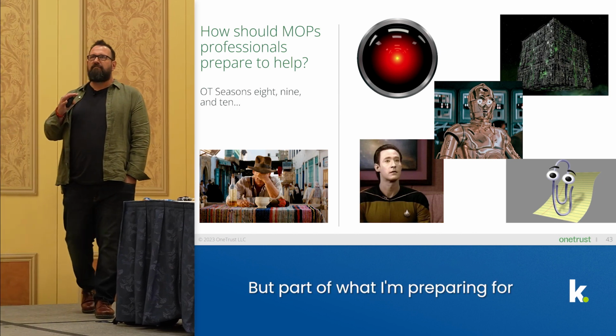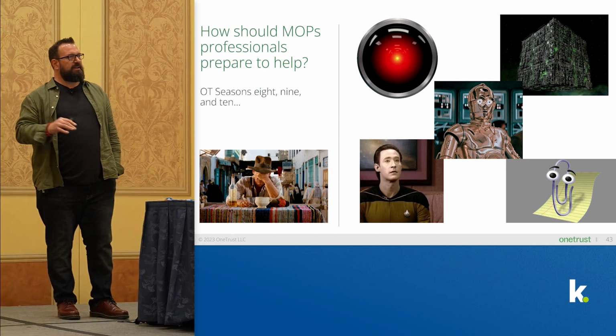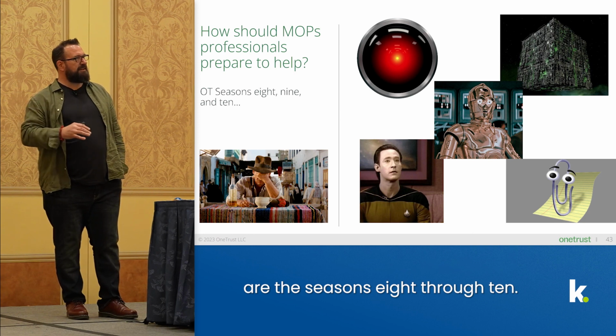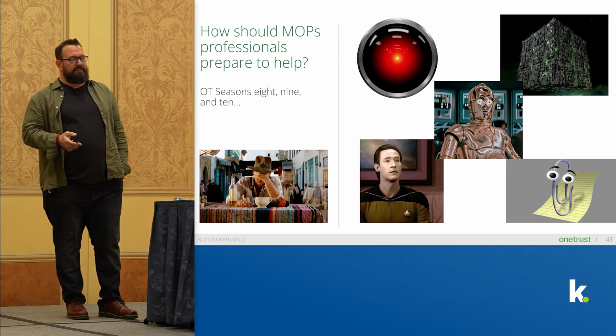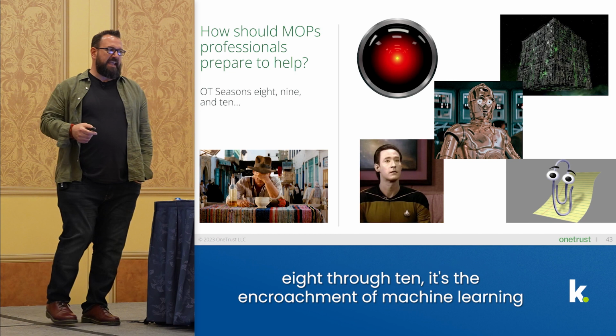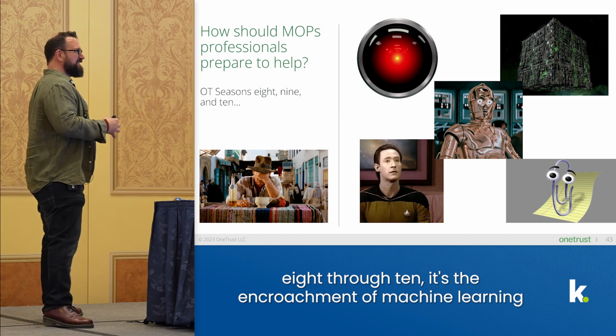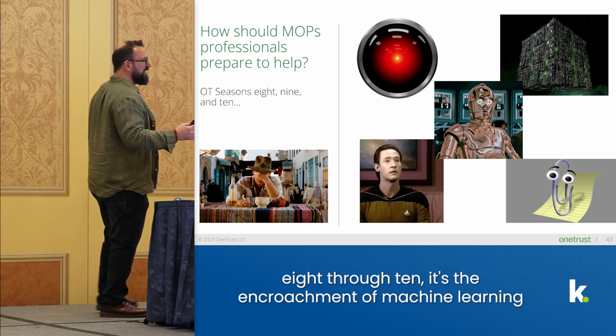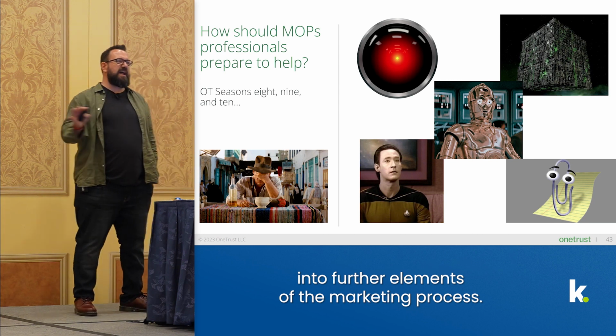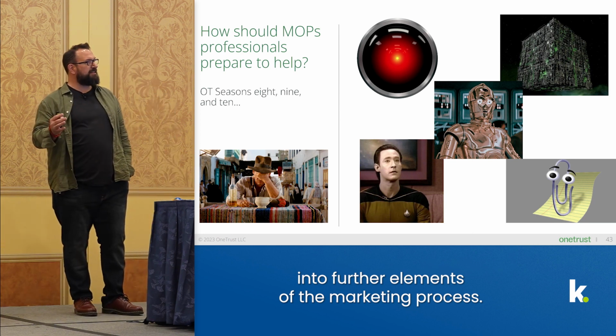But part of what I'm preparing for are the seasons 8 through 10. And when I think about seasons 8 through 10, it's the encroachment of machine learning into further elements of the marketing process.